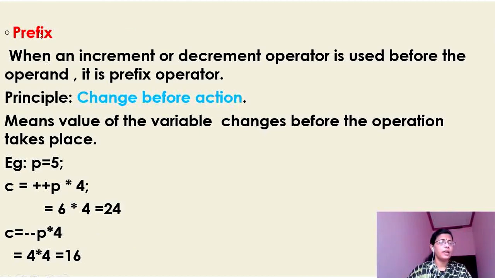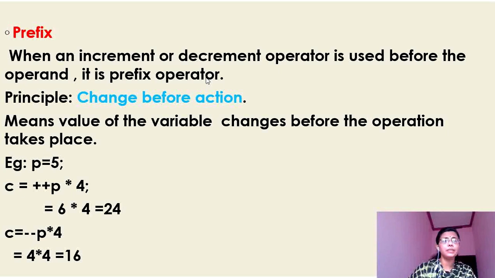Now prefix. When an increment or decrement operator, it could be plus plus or minus minus, is used before the operand, it is a prefix operator. If I use x plus plus, then it becomes a postfix.